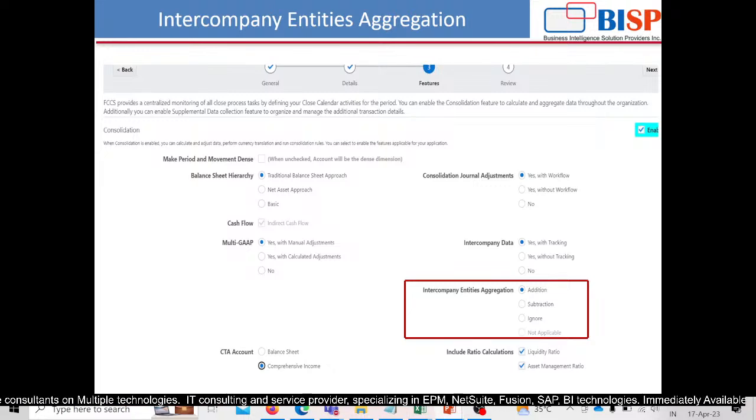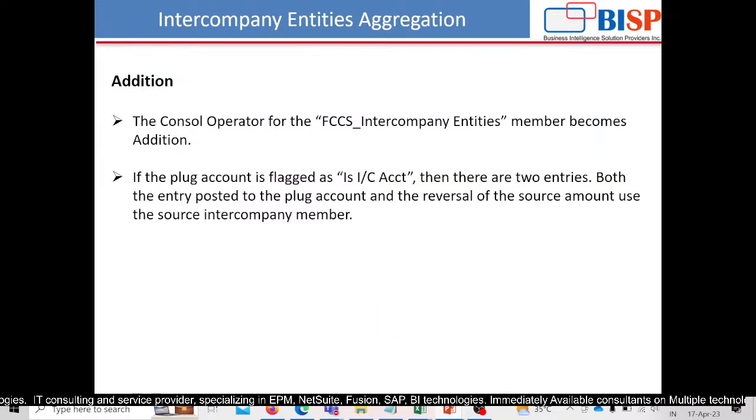The consolidation operator for FCCS_Intercompany Entities in the intercompany dimension is based on the aggregation option that we select, and the standard elimination system rules run as required by the aggregation option.